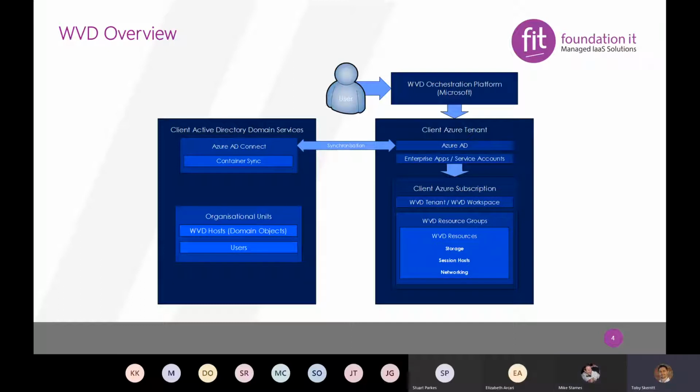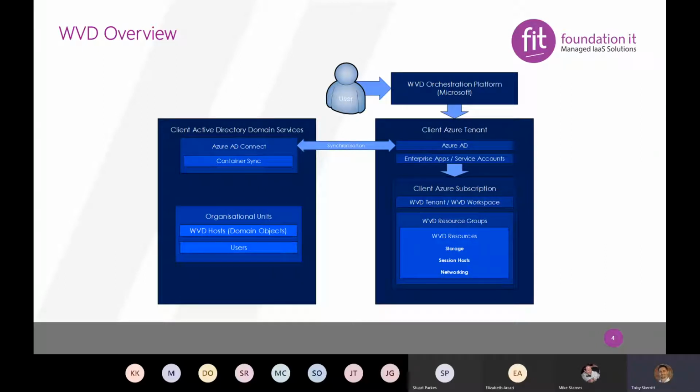The Windows Virtual Desktop hosts, which would be hosted in Azure, would be registered within those organizational units, as would the users that use the platform. And then we would use Azure AD Connect to synchronize all of those containers, all of those objects into Azure.